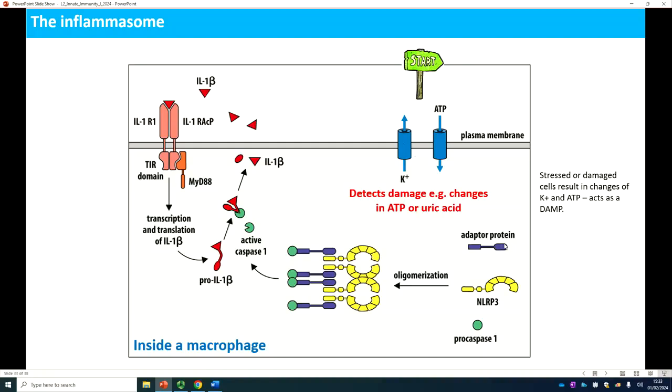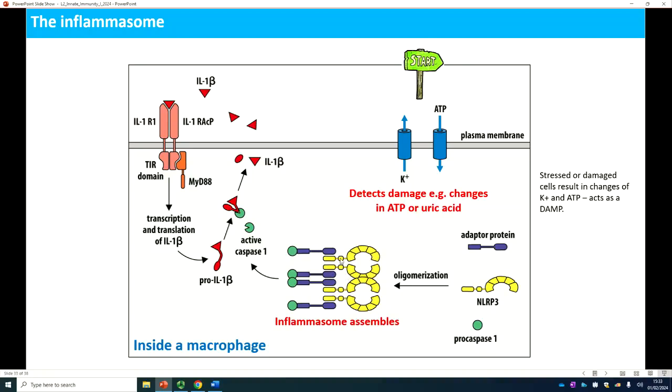Within the macrophage, we've got our NOD-like receptor here, which in this instance is known as NALP3. We also have an adaptor protein and procaspase 1. In the presence of the DAMP, the NOD-like receptor will detect the changes in ATP levels or potassium levels. We'll get oligomerization between NALP3, the adaptor protein, and procaspase 1, and we get the formation of the inflammasome here.